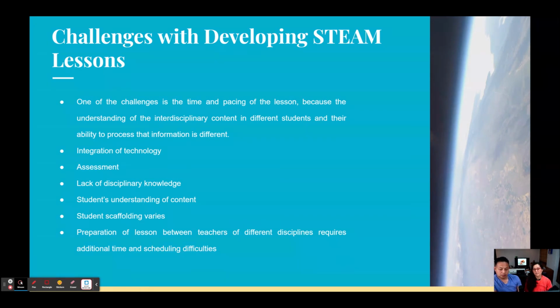And STEAM lessons are usually not assessed traditionally. Lack of disciplinary knowledge for a teacher. It's very hard for us to know science, technology, engineering, art, and math for just one lesson. Students' understanding of content, their scaffolding varies, and the preparation of lessons between teachers is time consuming, and there's scheduling difficulties.